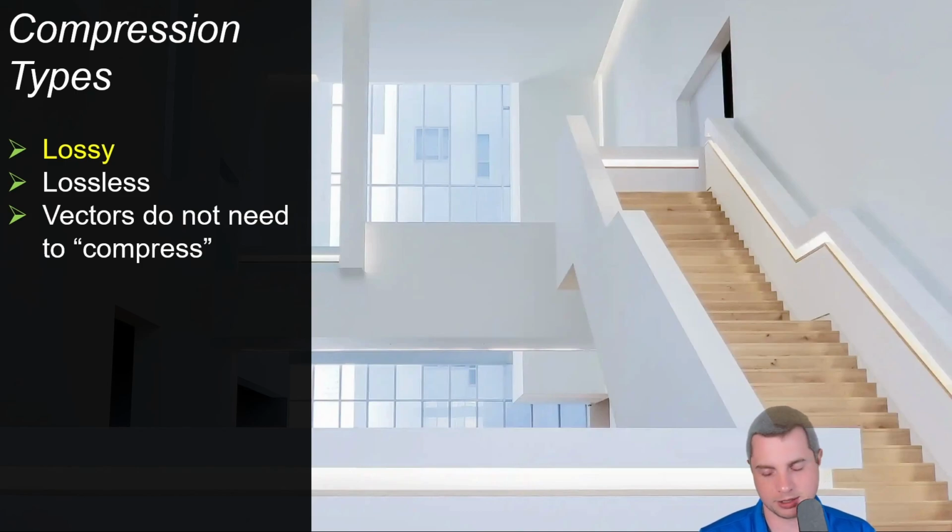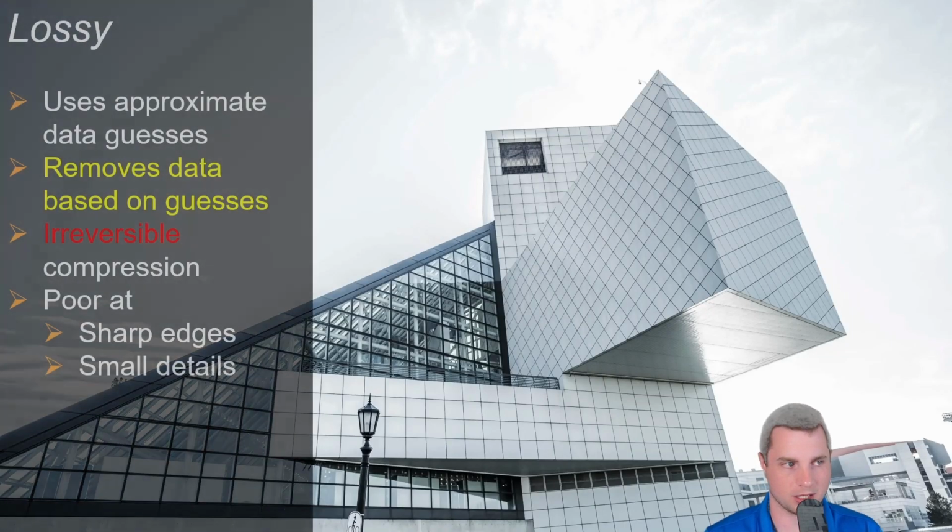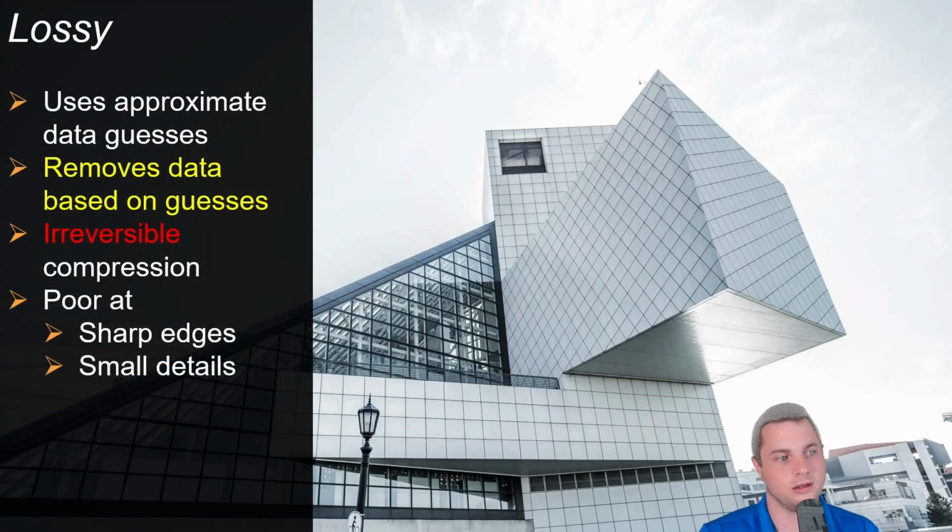Compression types, you have lossy and lossless, and vectors, but they're not really compressed. Okay, so we'll talk about lossy. Lossy, they use approximate data, removes data based on guesses. Okay, this data compression is irreversible. So once you go from a raw image and convert it into a JPEG, that's it.